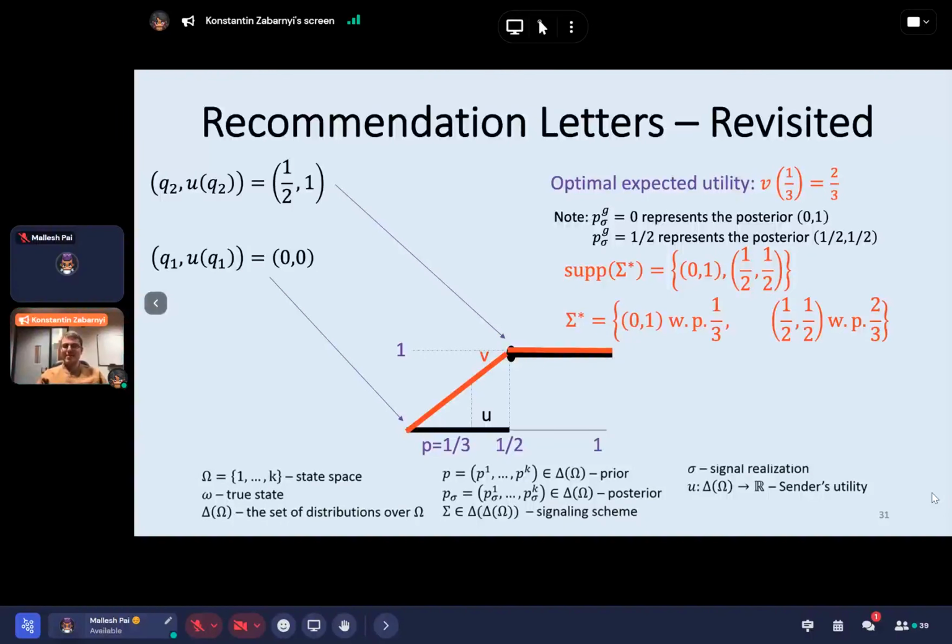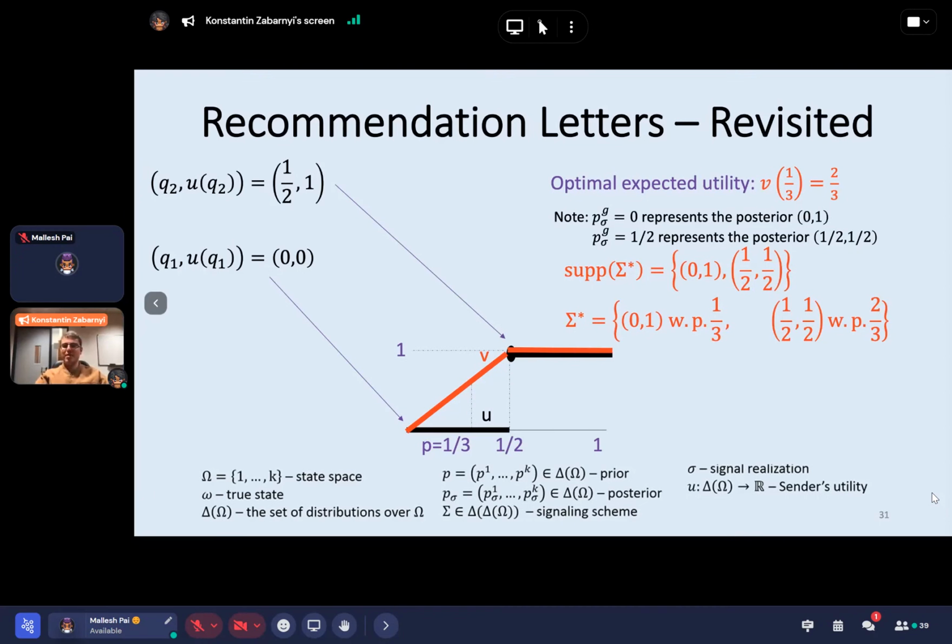And the optimal signaling scheme, there is just one in this case, has support elements that are the only points on the graph of the black function u, the convex combination of which can be the point on the graph of v corresponding to the prior, which are 0 and 1/2. And if we complement them to a distribution, because the posterior is a distribution, it would be (0, 1) and (1/2, 1/2). And the weights are just the probabilities to induce the support elements.